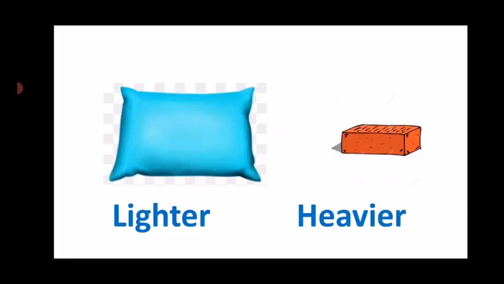So, pillow is lighter. But the weight of the brick is more than the pillow. So, the brick is heavier than the pillow. So, brick is heavier than the pillow and pillow is lighter than the brick.